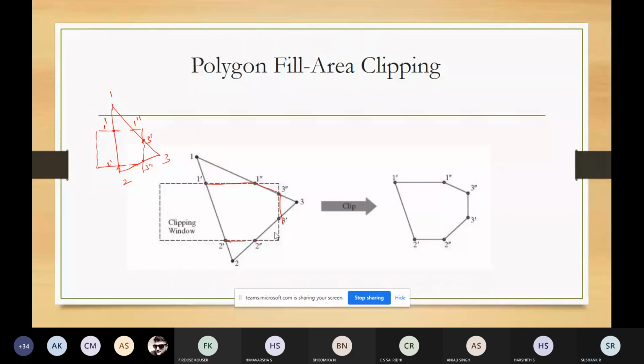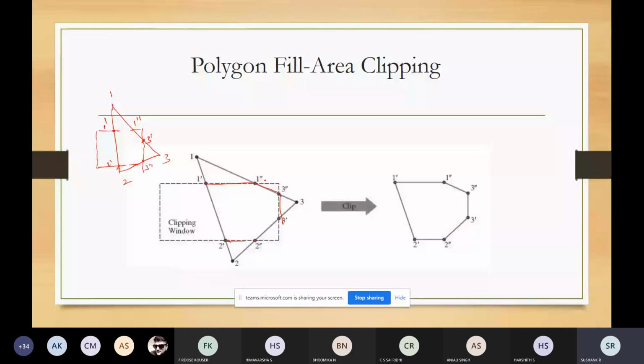The output of this will be the polygon with its boundaries at the boundaries of the clipping window with new vertices. When you process with the top clipper, it will remove this vertex and add vertices v1 and v1 dash.